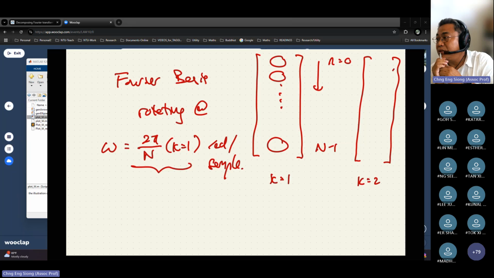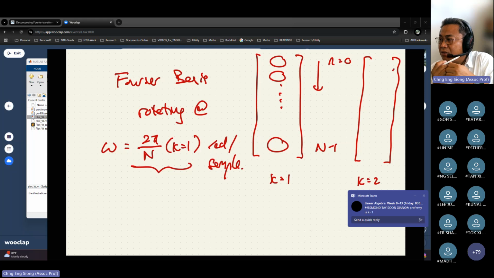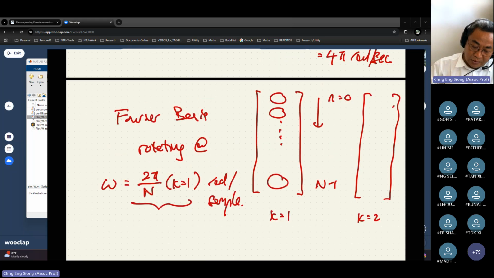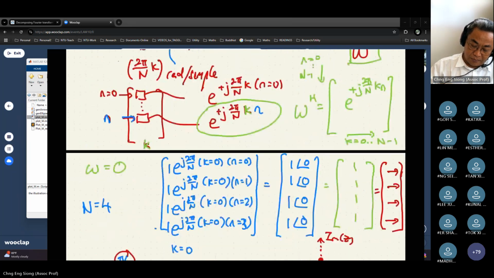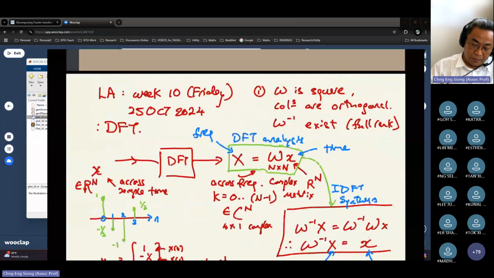2 pi over N, Jasmine, not 2 pi. 2 pi over N is the fundamental frequency of the first basis, k equals to 1. Why is it k equals to 1?